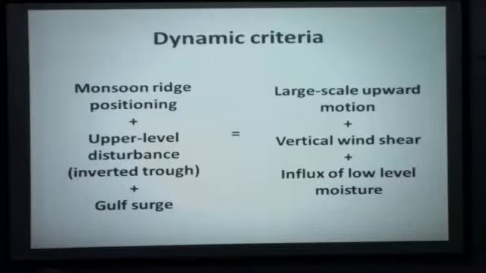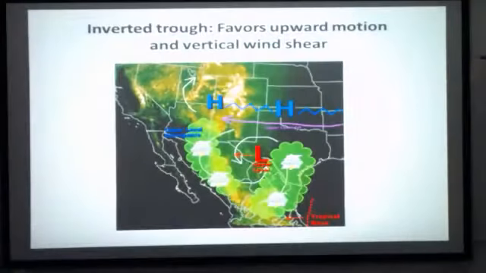Then there is vertical wind shear, which acts more on the mesoscale to facilitate convective organization, and then an injection of low-level moisture via a dynamic mechanism.